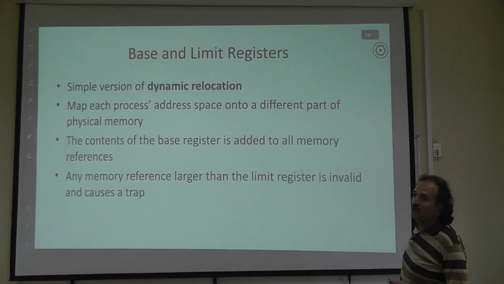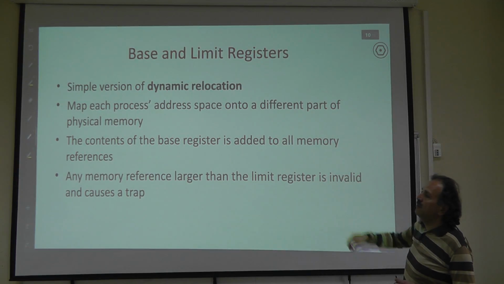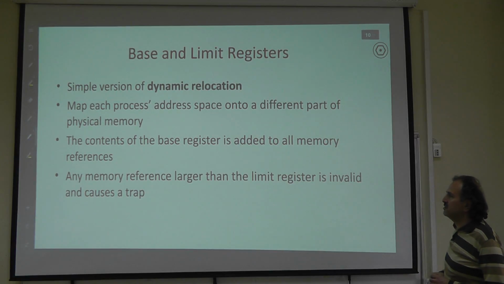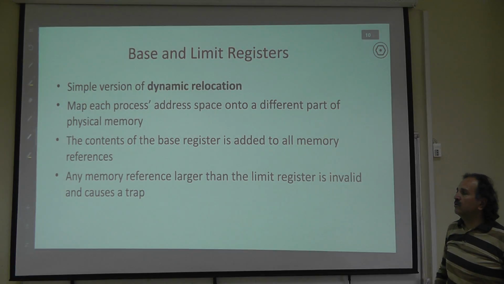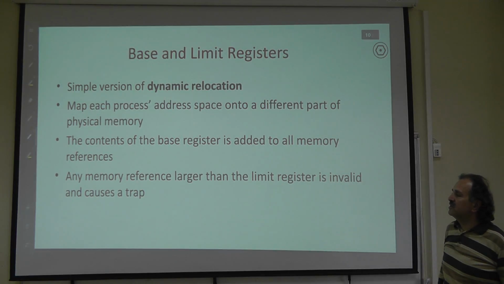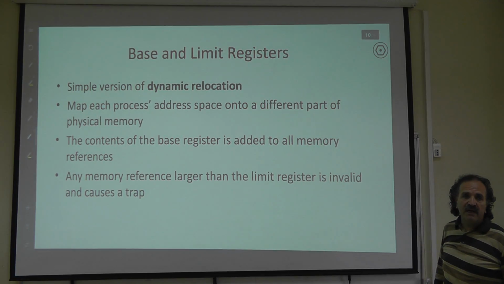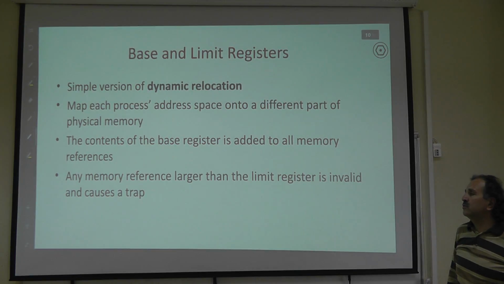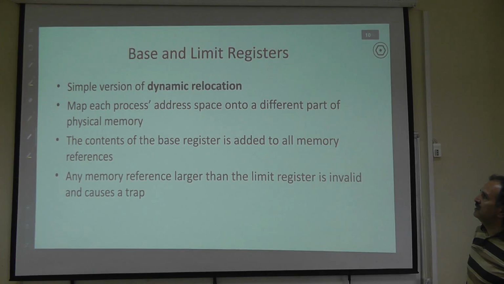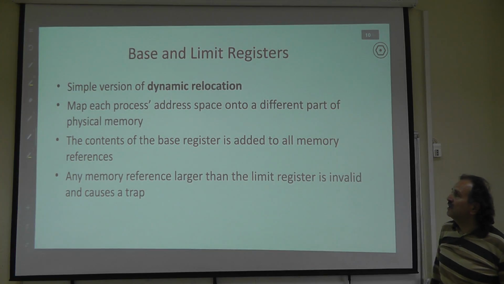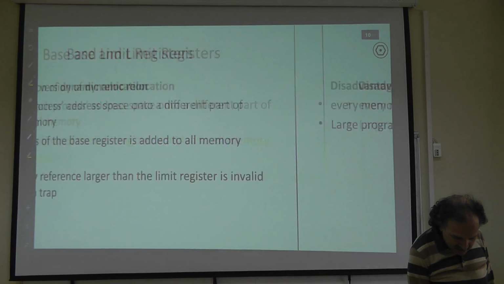That's what you are going to do in homework number 2. And a memory reference larger than the limit register is invalid and it causes a trap. It calls a special operating system routine. Usually, it will end your program if you are trying to access some other space. So these are the good features of the base and limit registers.